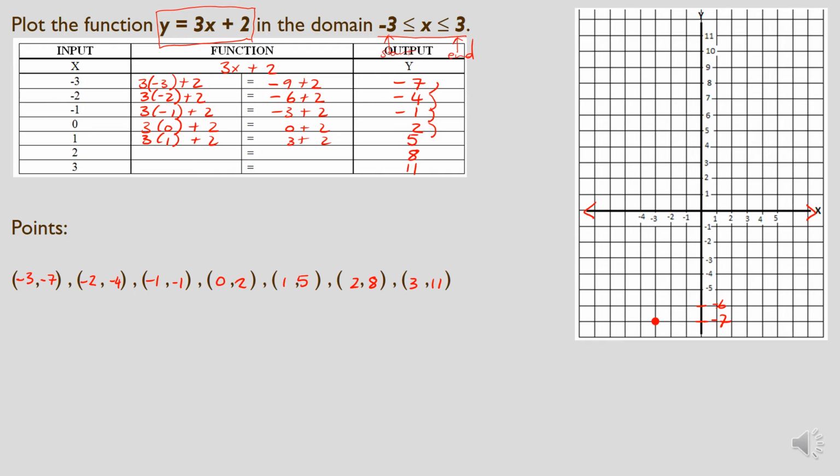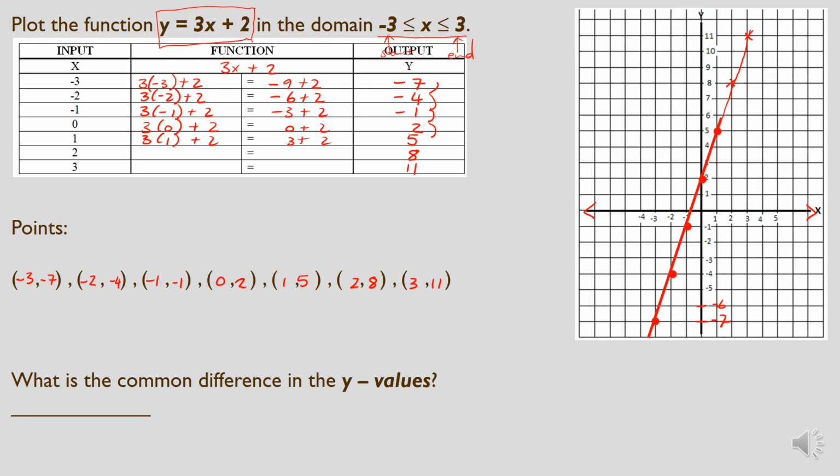Okay, the next one was back 2, down 4, back 1, down 1, in the middle, up 2, right 1, up 5, right 2, up 8, and we don't have that one actually. Right 2, up 8 would have been here, and right 3, up 11 would have been here. So, and then we could join them up as before.